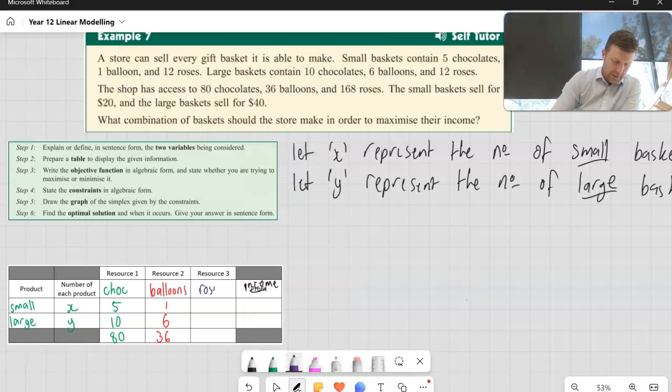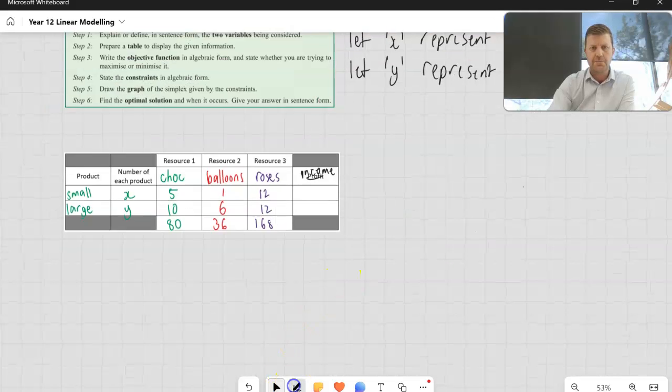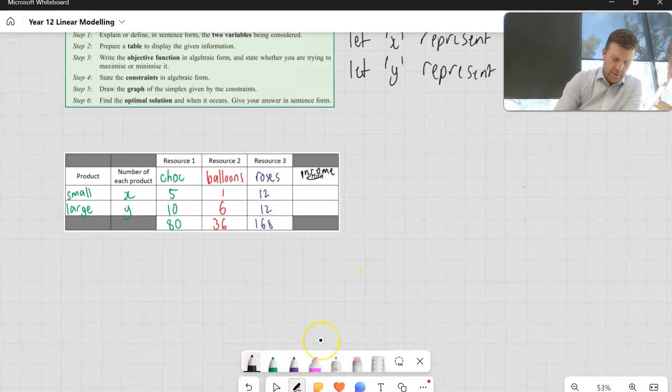So that can be in our final column, and there will be 12 roses in each the small and large baskets, and there is 168 roses in total. The income for selling, or the selling price for each basket, is $20 and $40 respectively. So in the table here, I'm just going to put 20 and 40.